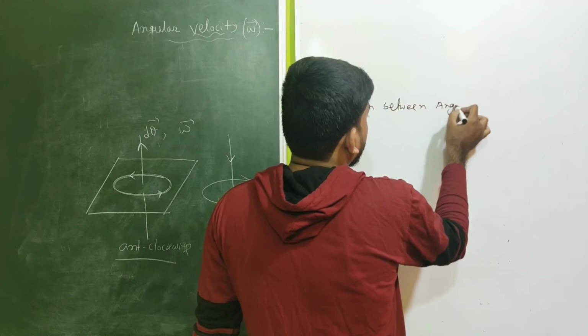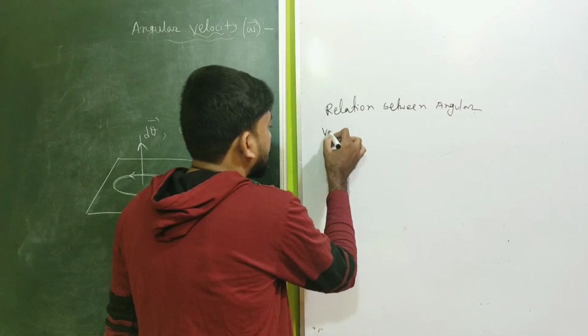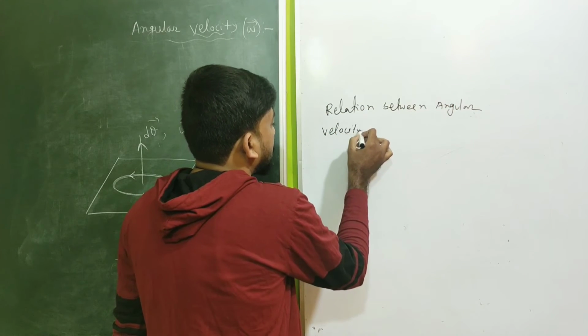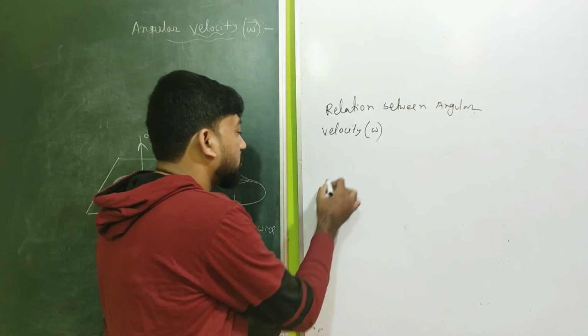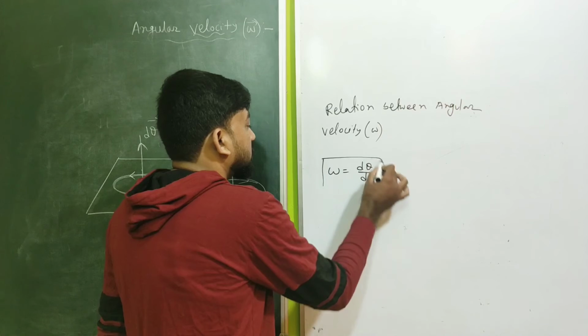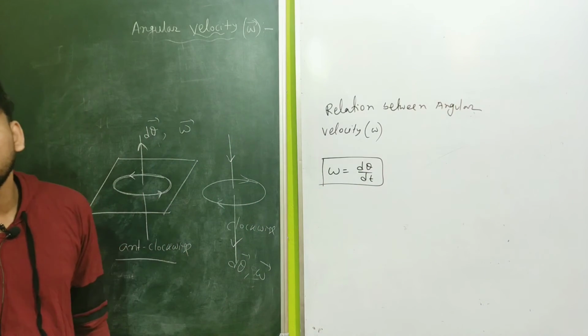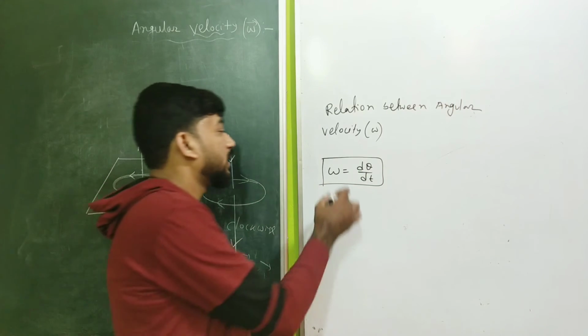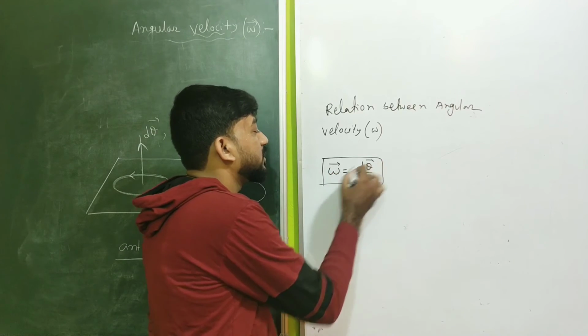Angular velocity, that is omega, I like to always define in this pattern, d theta upon dt, so that this confusion of scalar and vector will be gone. So we take omega equal to d theta by dt.